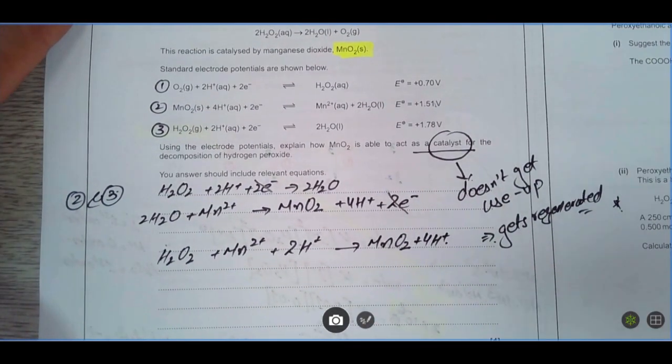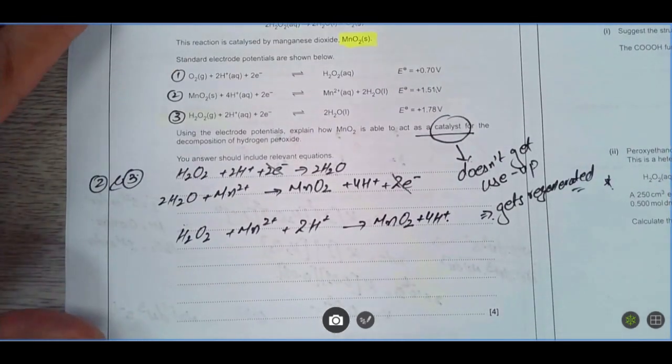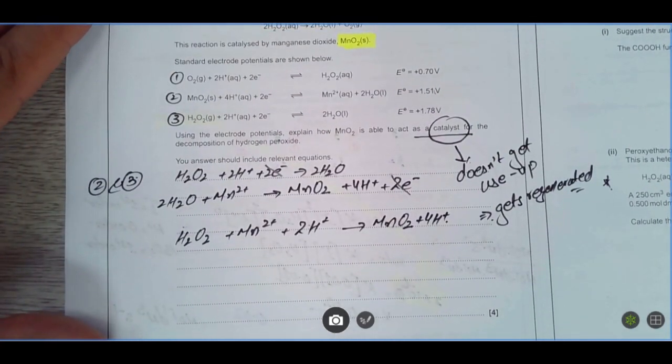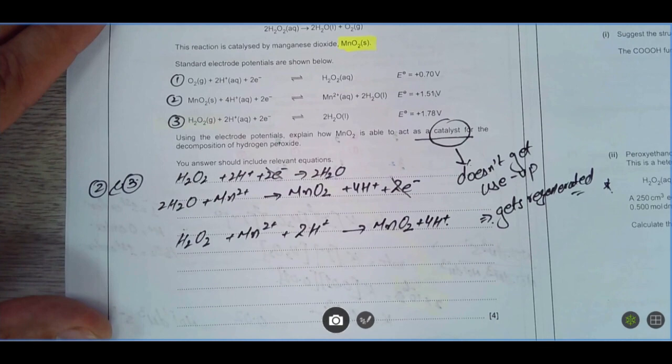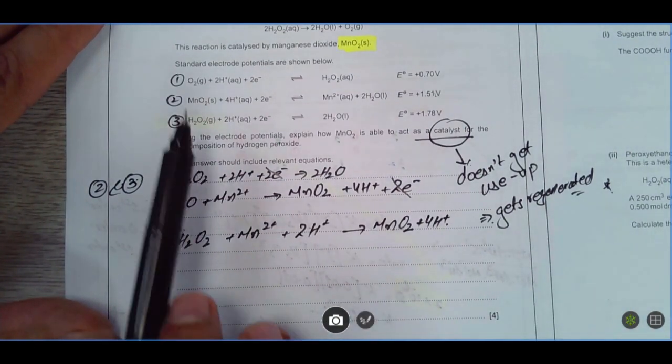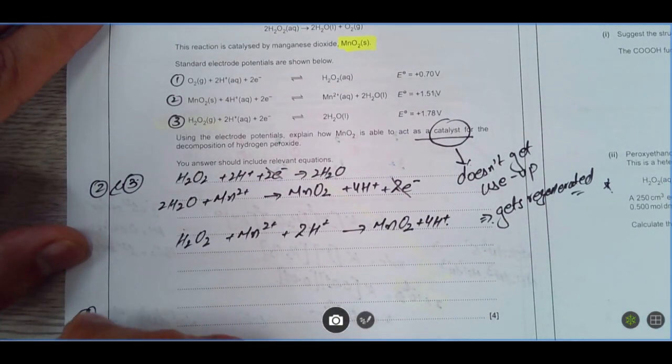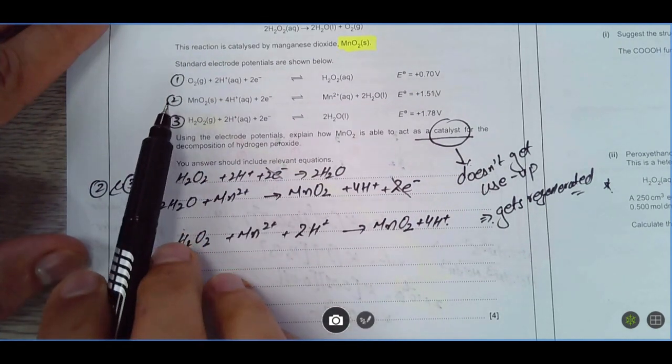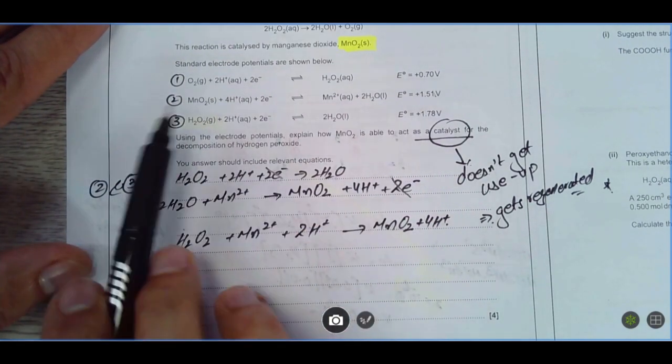Now what I can do is pick up equations number 1 and 2. In 1 and 2, this one has a bigger electrode potential. This will go in the forward direction.